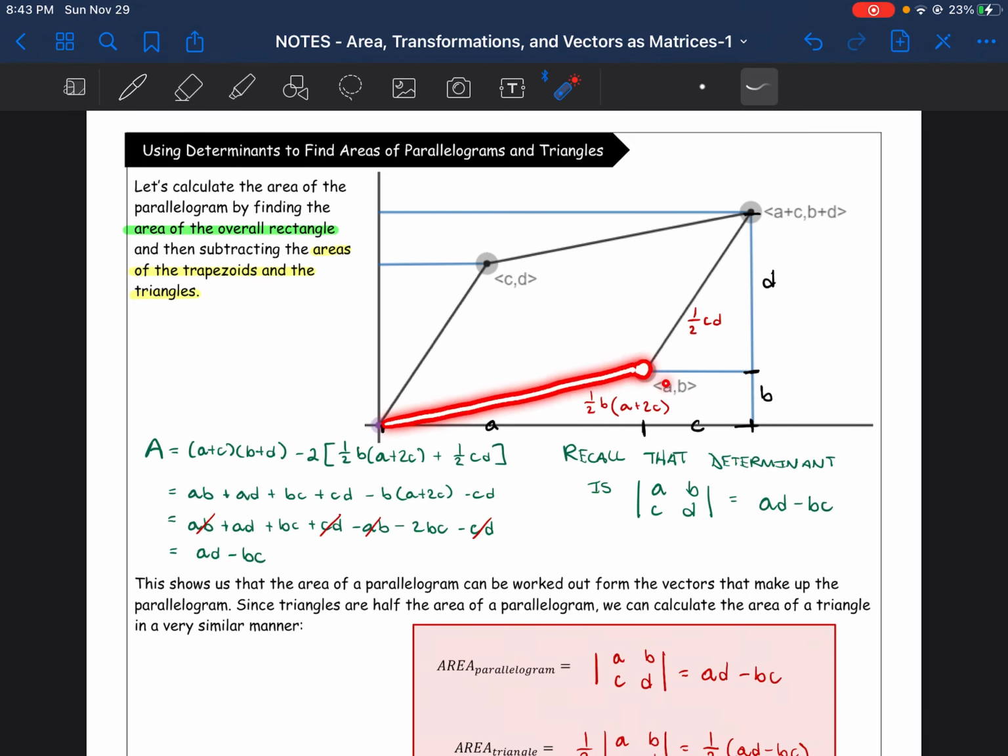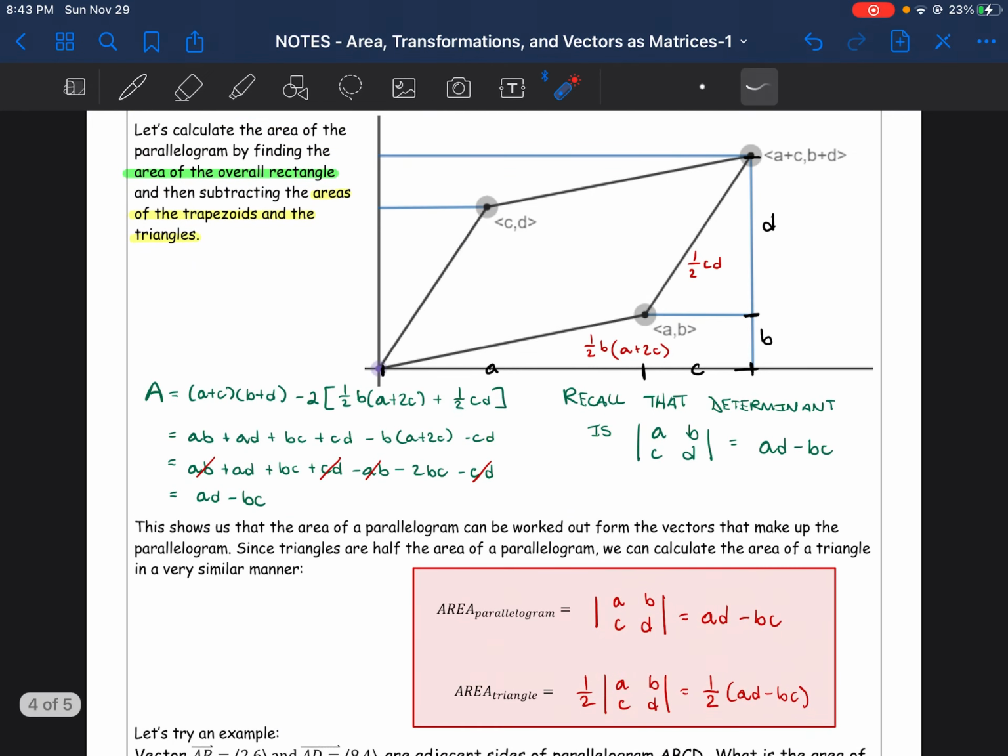So here we have AB, and then here we have CD. Okay, AB and CD right there. Now, notice that if I cut this parallelogram in half, I get 2 triangles. So not only can we calculate the area of a parallelogram using a determinant, we can also calculate the area of a triangle by taking half of that determinant.